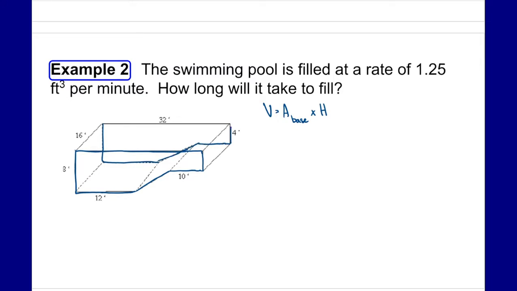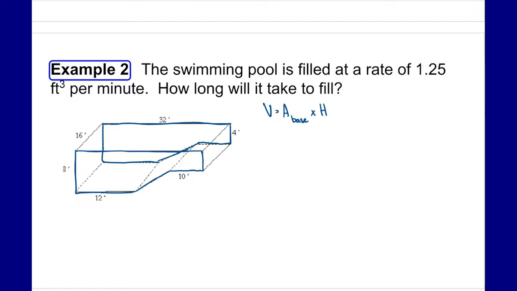So even though this isn't our traditional prism, we hopefully can still see that there are two congruent bases with rectangular sides. We have these rectangular sides on either end. So this is actually a composite figure or composite shape where we need to find the volume.